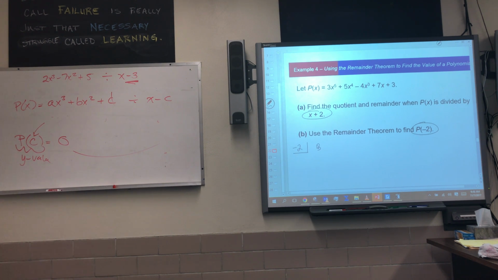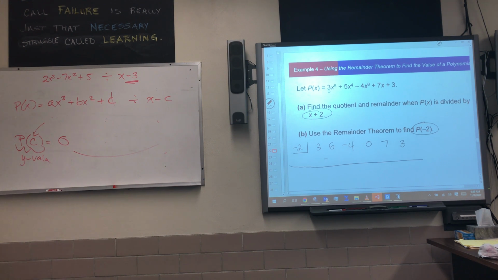So I'm going to put my coefficients 3, 5, negative 4, 0, 7, and 3, right? Think about what we would be doing if all I asked you to find, and this goes back to what we did in the last chapter, was p of negative 2. You would say, okay, negative 2 to the 5th power is 32.